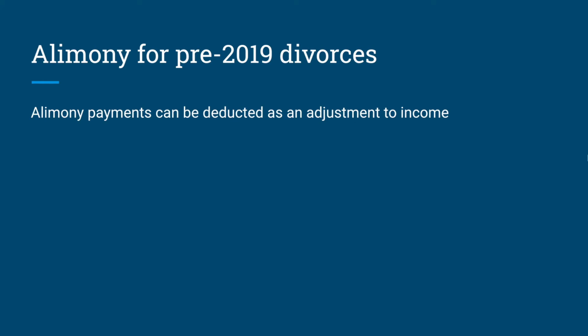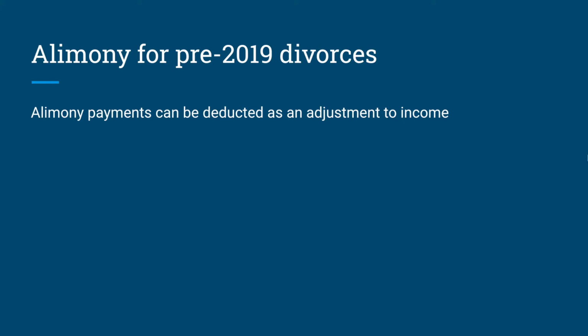Moving on to alimony for pre-2019 divorces. As we talked about in the income lecture already, alimony payments can be deducted as an adjustment to income if the divorce was executed prior to 2019. So if the divorce was executed in 2018, 2017, 2016, and so on, going all the way back, then they can deduct the alimony that they pay as an adjustment to income.